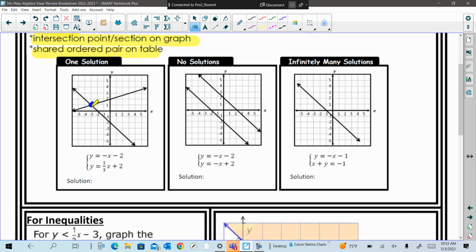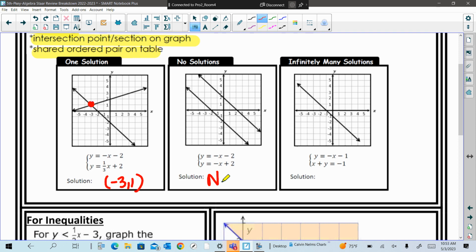I can find that actual intersection point. I'm going to do it in red, sorry. What is the solution of these 2 equations? The intersection point. Negative 3 comma 1. Yes. Okay. So you have to have an x and a y value here. All right. What about this one? Would this have a solution? No. This would be no solution.